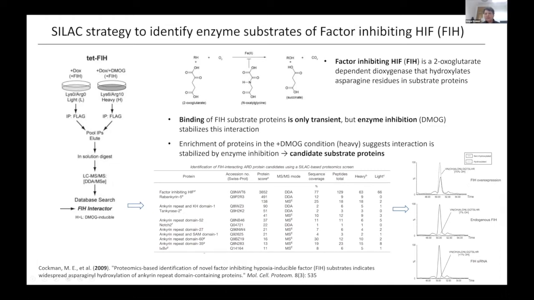And indeed, what we see here with FIH overexpression, we get an increased level of that modification, 70%. At endogenous levels, it's much lower at only 7%. And with FIH knockdown, we only see trace levels of less than 1%. So this experiment confirms that indeed pancrease 2 is a genuine substrate of FIH, and the SILAC strategy allowed us to identify that.